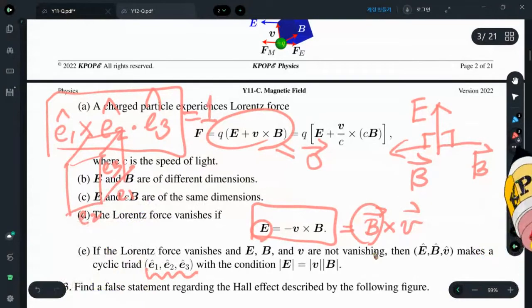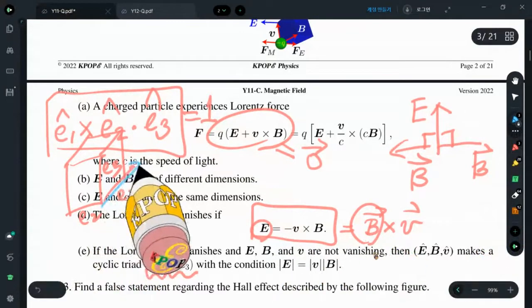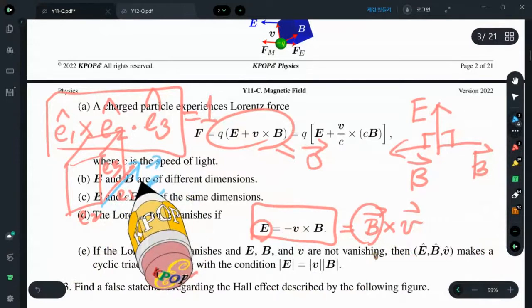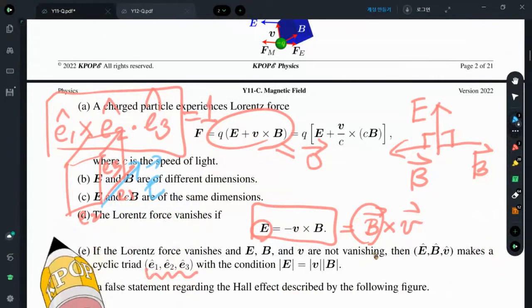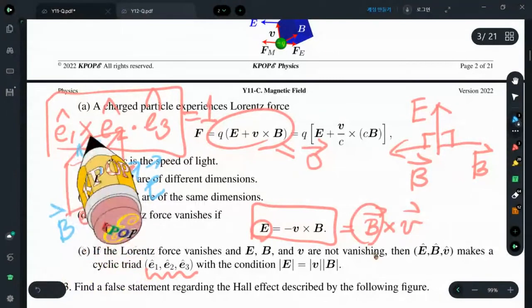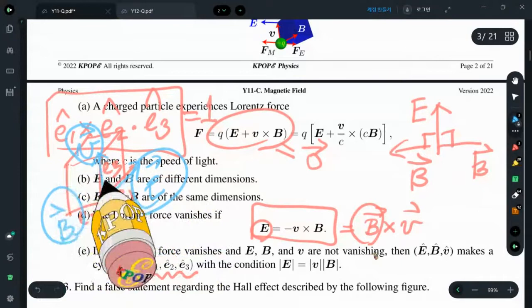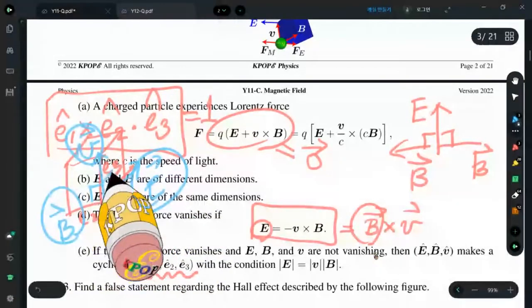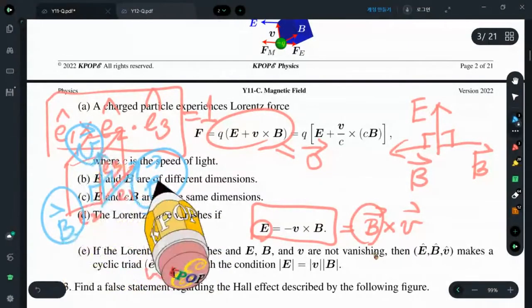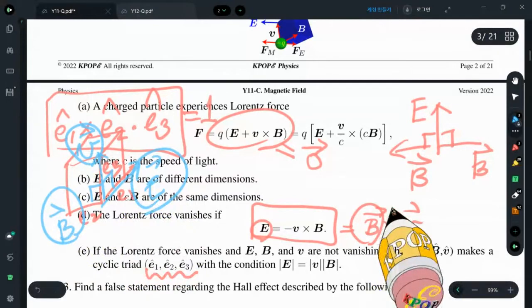In a similar manner, we can think about the E field, B field, velocity. These three can construct a set of three basis vectors in the Euclidean space.